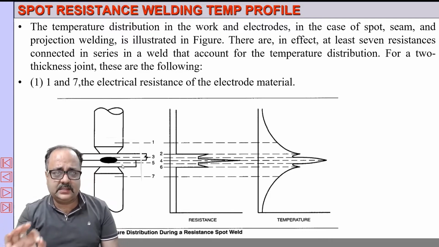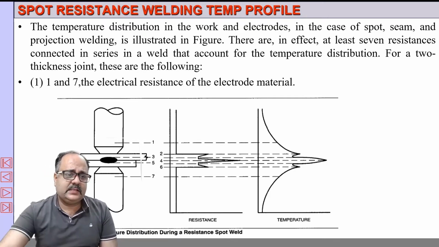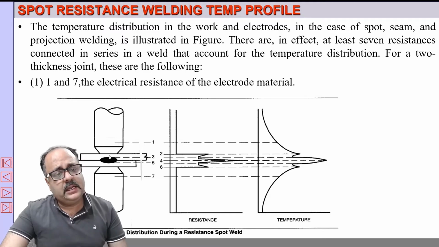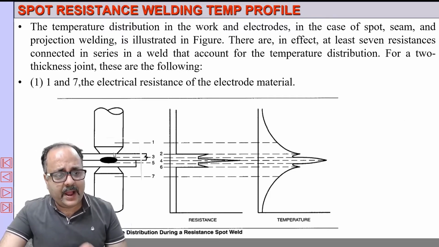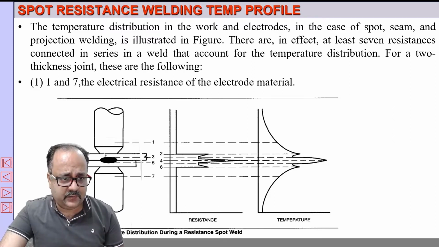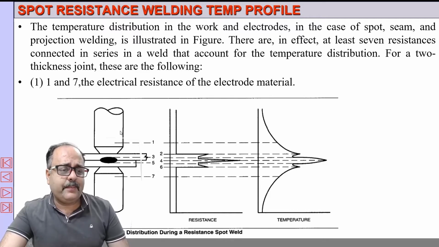This is very important. The junctions 2 and 6 are the interface between the electrode and the base material. Here we reduce the temperature. How do we reduce the temperature? By using an electrode material with high thermal conductivity, whatever heat is produced will be dissipated rapidly by the electrode.